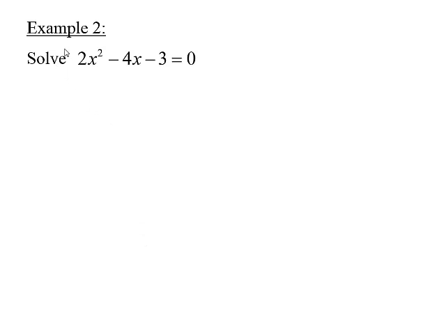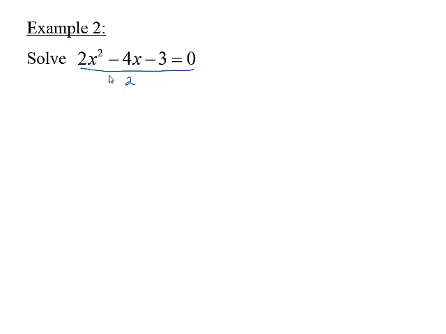Here's another example. We want to solve 2x squared minus 4x minus 3 equals 0 by completing the square. In this problem, we have a leading coefficient other than 1. Before we can start the process of completing the square, we divide each side by that coefficient, which is 2.